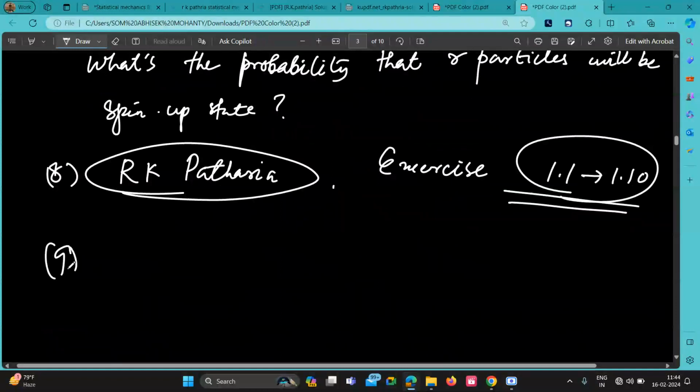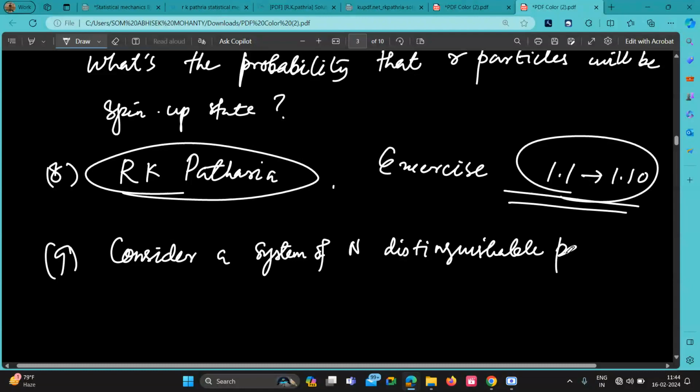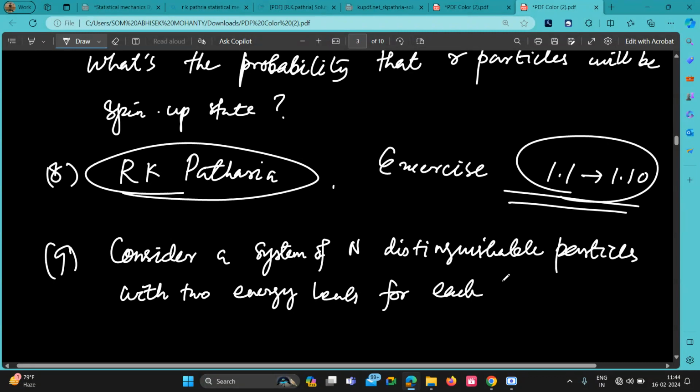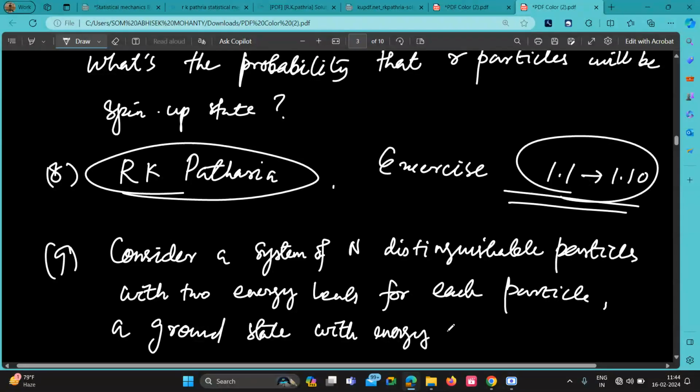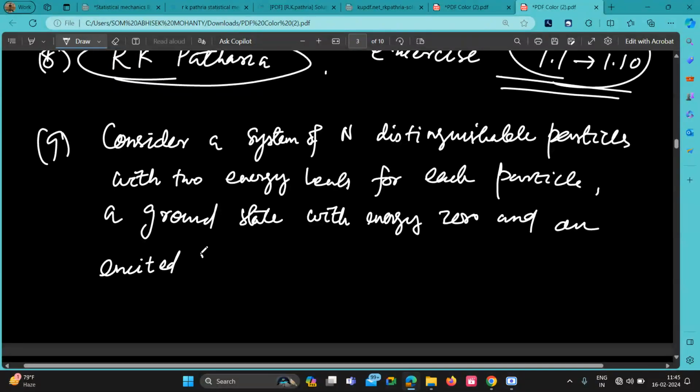Another question, number 9. Consider a system of N distinguishable particles with two energy levels for each particle: a ground state with energy 0, and an excited state with energy epsilon greater than 0.